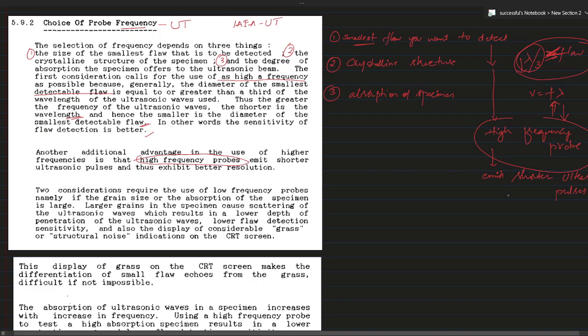That implies you get better resolution, right? Better resolution. You understand, right?